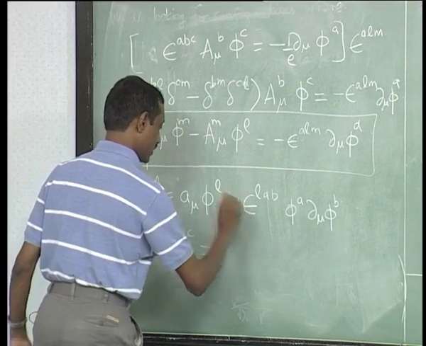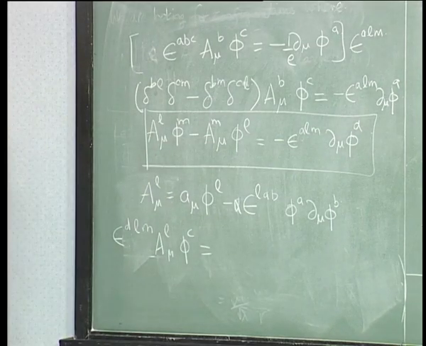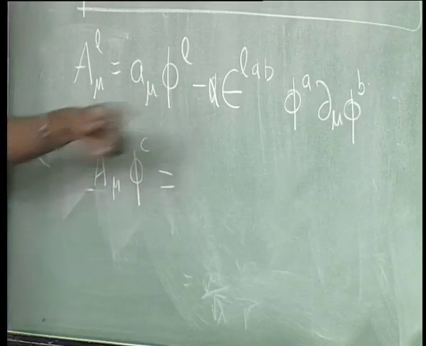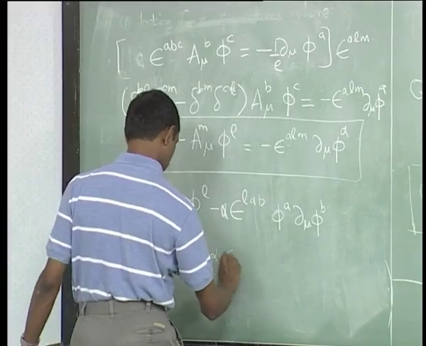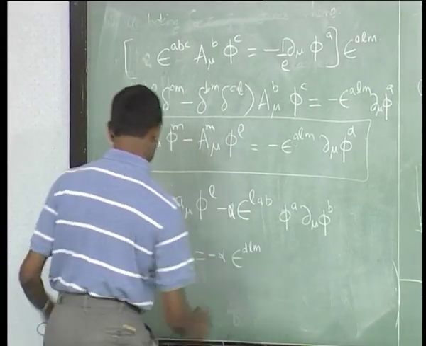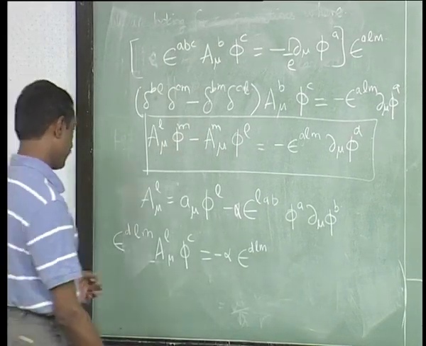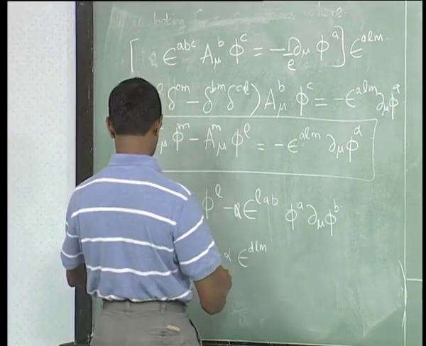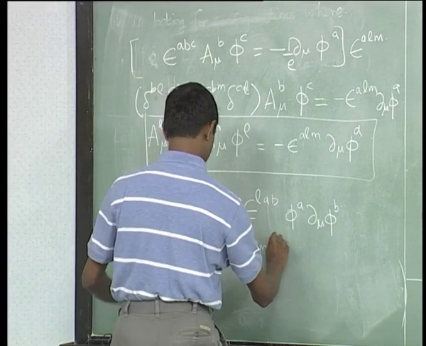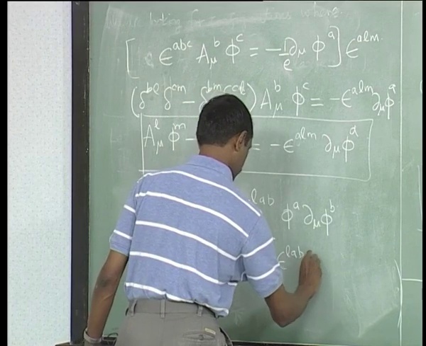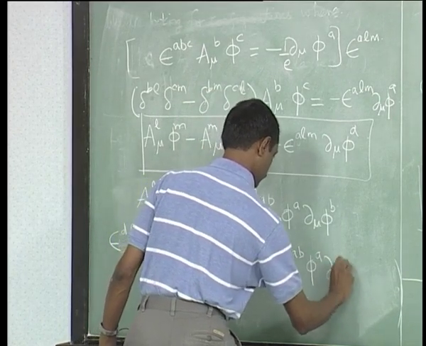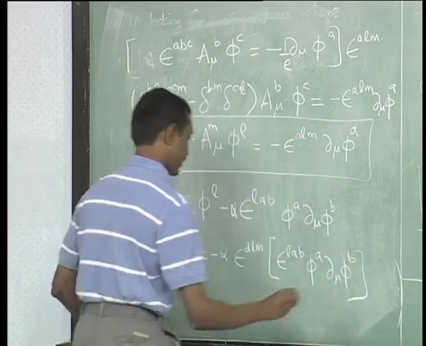let me call this constant alpha, so that I do not call every constant I write today as c. So this will be minus alpha times epsilon dlm a mu L, which is this term, times phi c.